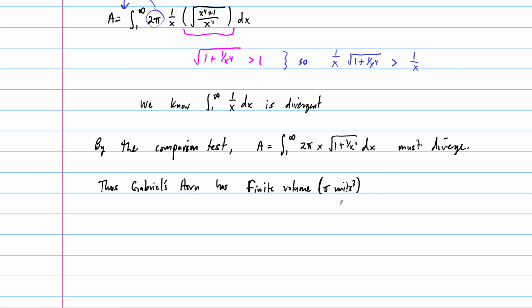So we could fill up the whole horn with paint if we poured the paint in it, but it has infinite surface area. Well, what does that mean? That means that if we tried to paint the outside of this, we would never be able to finish. Infinite surface area.